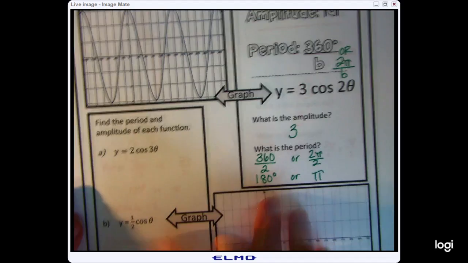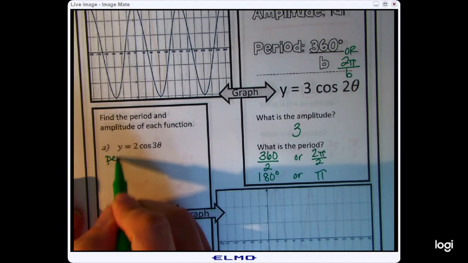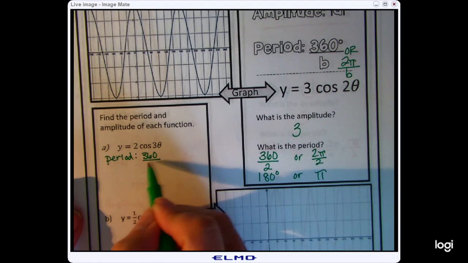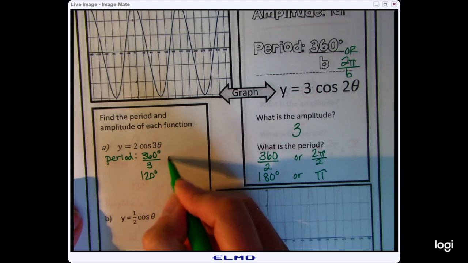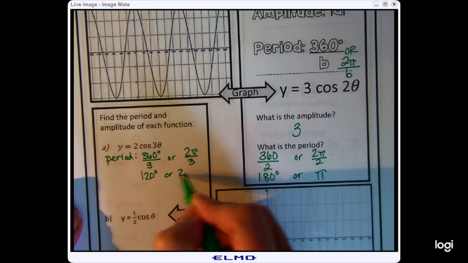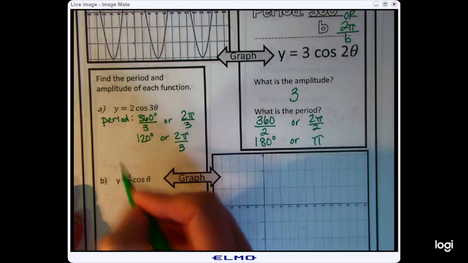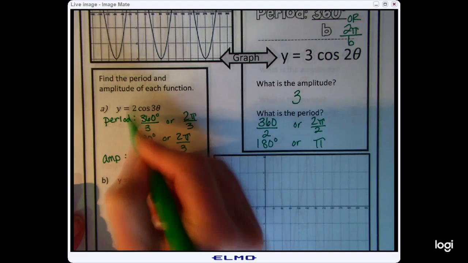Okay. Period and amplitude of this. Period is 360 divided by 3, which is 120 degrees, or 2 pi divided by 3 radians, 2/3 pi radians. The amplitude is 2.